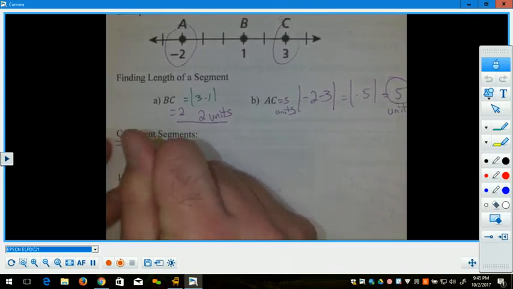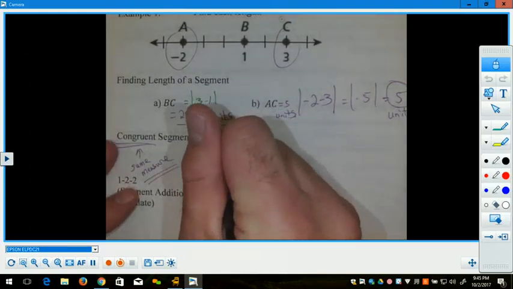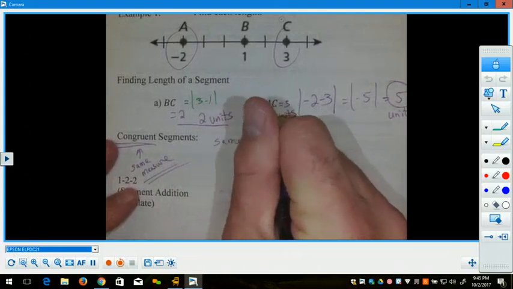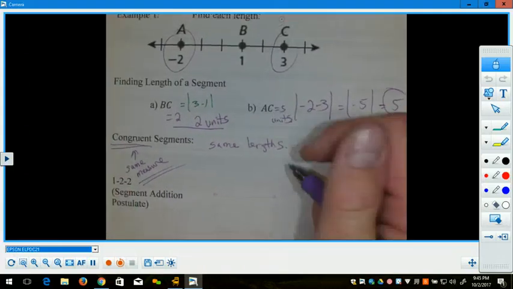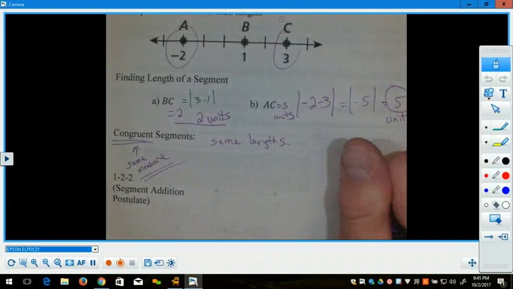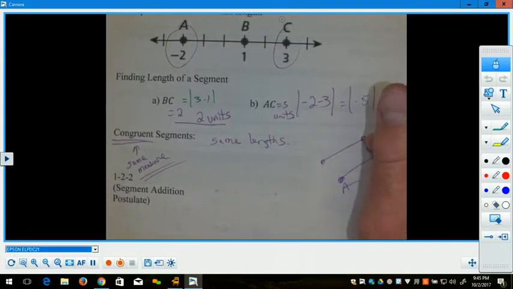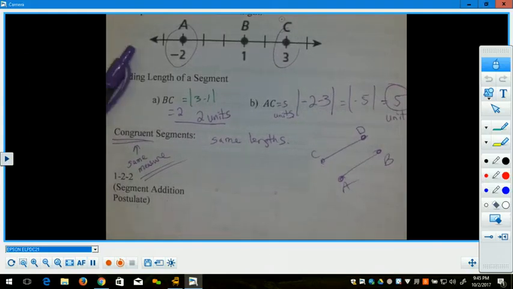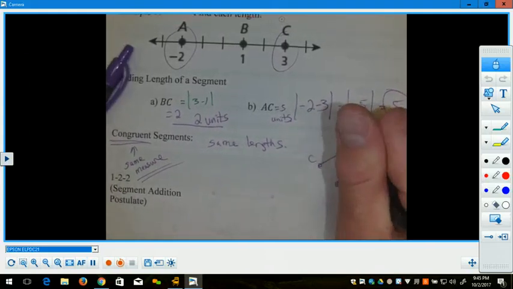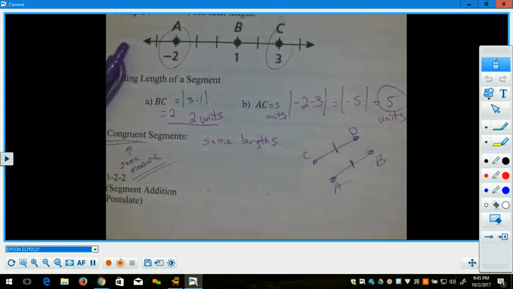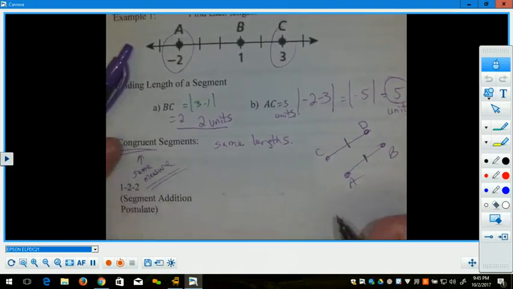So congruent segments are segments that have the same length or the same distance. Now we mark those with tick marks. So if we had AB and let's see if we can draw this correct. They don't have to be parallel, but let's say that those were the same length. We would use a single tick mark in the center of them to indicate that those are congruent.